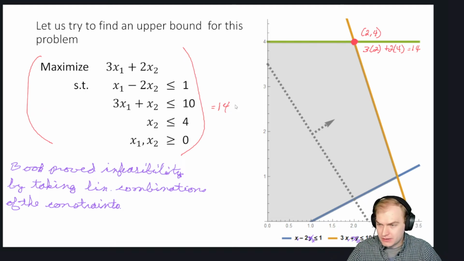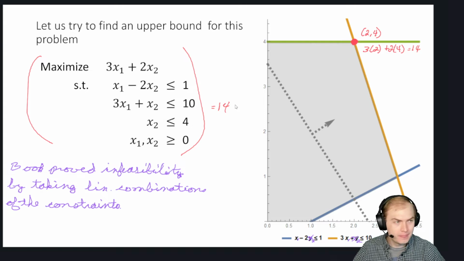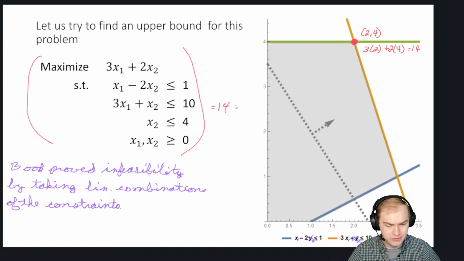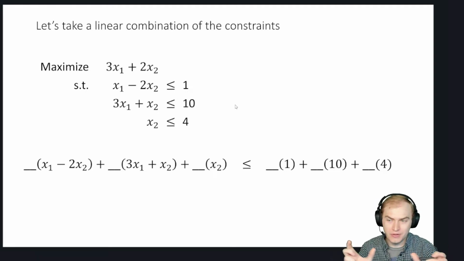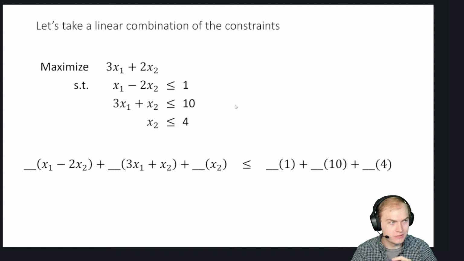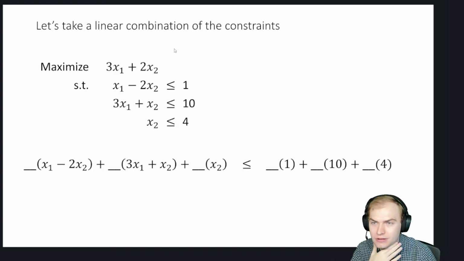So, like I said, the book took linear combinations of constraints. And so we're going to do the same thing, but we're going to use it to show a different sort of idea. So let's take some linear combinations of the constraints. A linear combination, if you need a refresher, is simply the addition of two things with some coefficients.